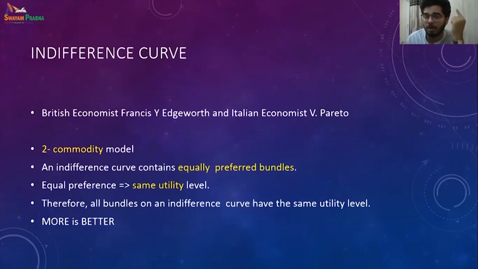But remember one thing, that more is always better. If I get more, I am more satisfied, right? So simply, the indifference curve goes by the word indifference, where I am absolutely fine with all these combinations. Any choice is good for me. We try to understand this concept with just two commodities.